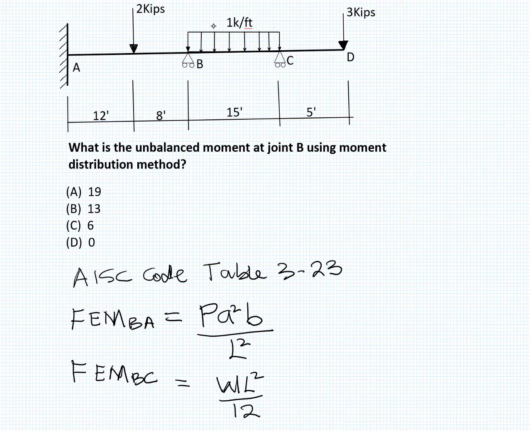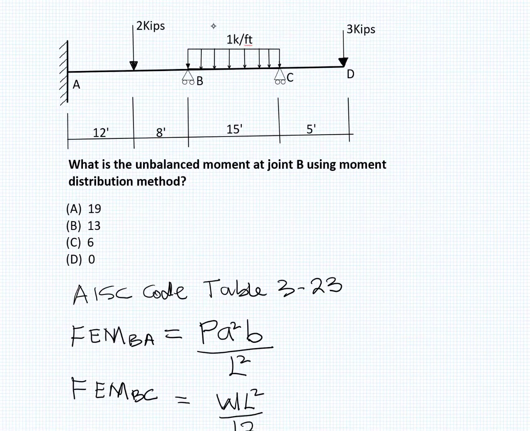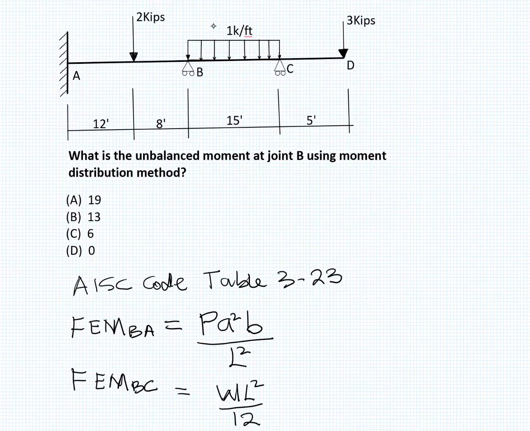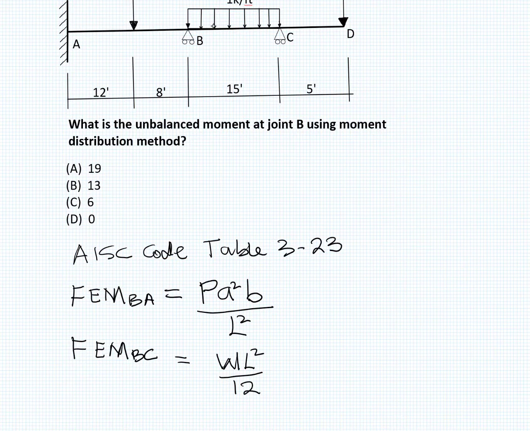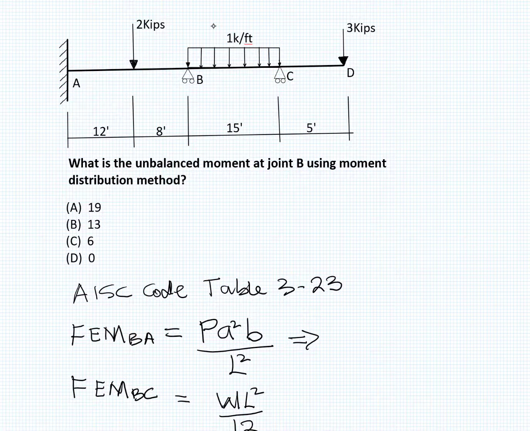In order for us to find the unbalanced moment at joint B, we will solve these two formulas and put the results together. So we just go quickly and substitute our values into the formulas and solve.